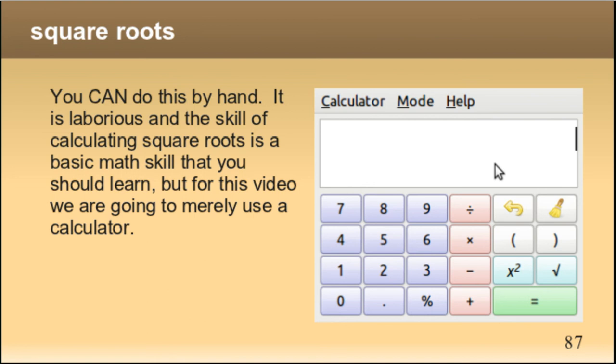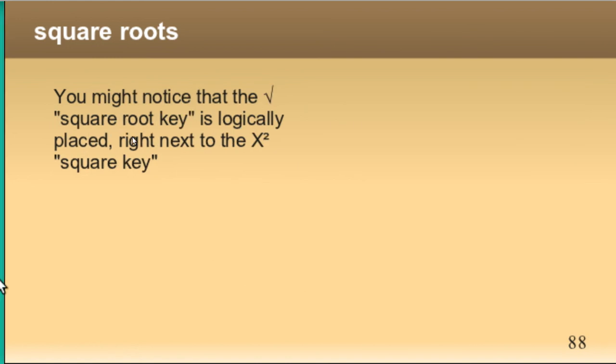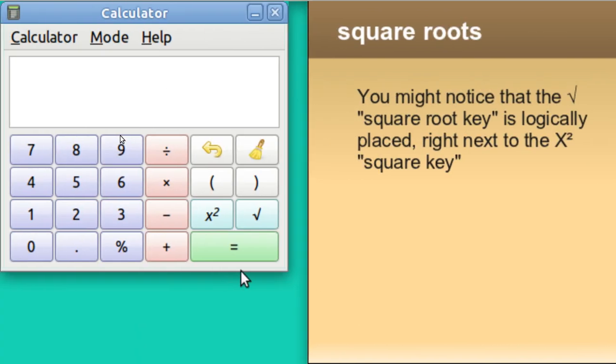You can do this by hand, and it is laborious, and the skill of calculating square roots is a basic math skill that you should learn. But for this video, we're just going to use a calculator. Now, let me get the calculator up here. You see this?